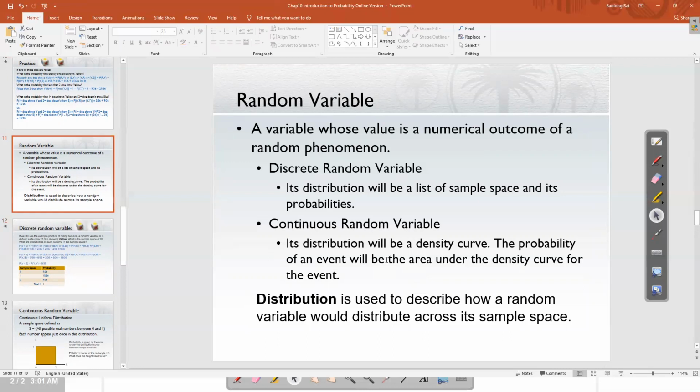And for a continuous random variable, we can't do that anymore, because a continuous variable always has an infinite number of outcomes, as it could take any possible real number in a certain range, right? So there are an infinite number of observations. You can't list an infinite number of values in a table. So then we use a different approach. We use a density curve to describe it. Okay, so we're going to talk about an example of either case.